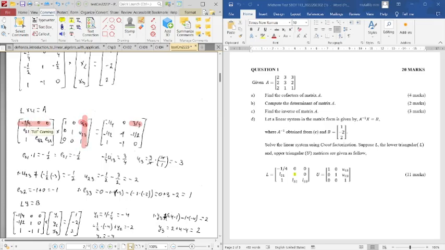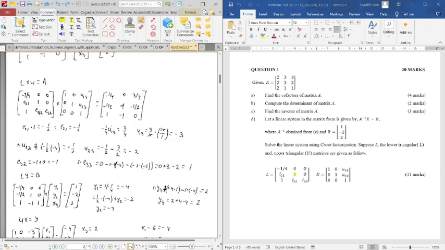We multiply the first element by the first element, plus the second element by the second element, plus the third element by the third element. As we can see, the second and third elements are 0, so we're not going to write them. We just write first element times U13 equals 3 over 4. And from here we can find U13 is equal to negative 3. And we're going to do this for all of the other elements.